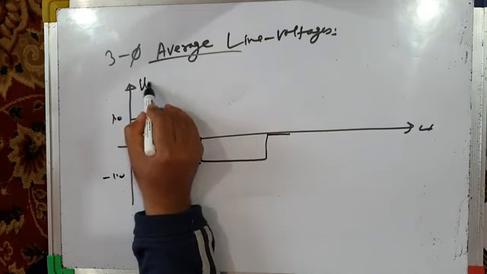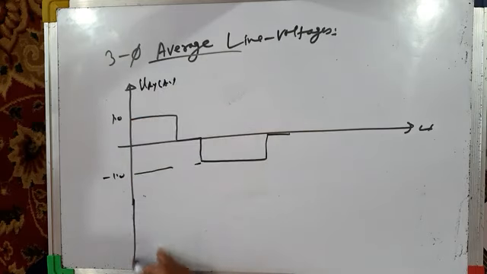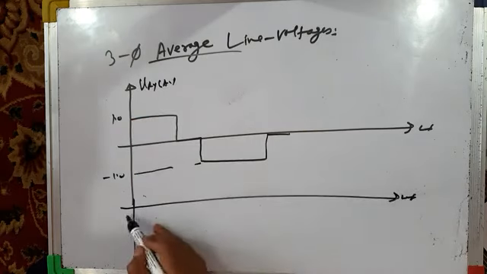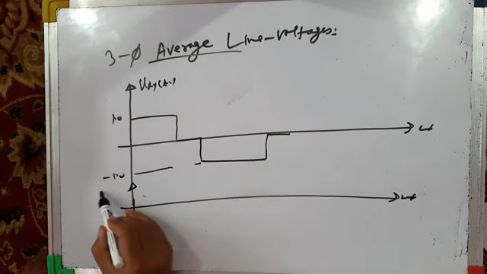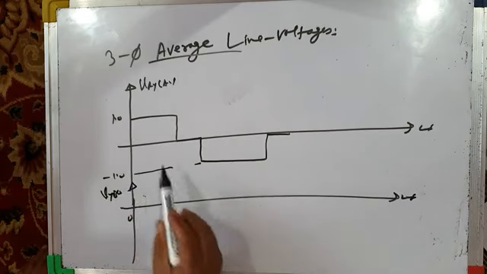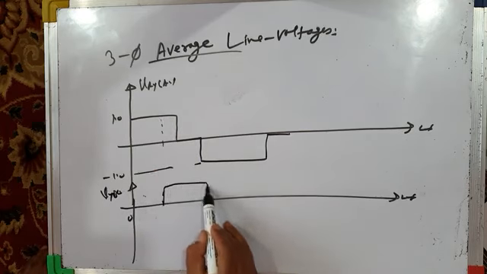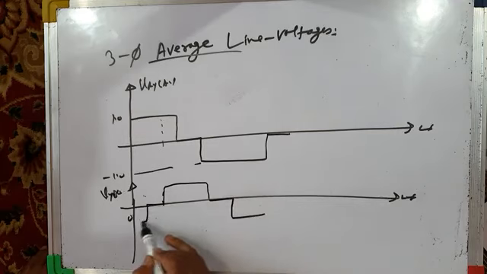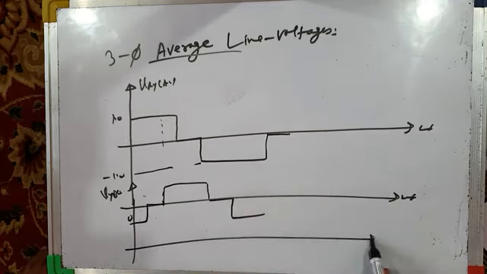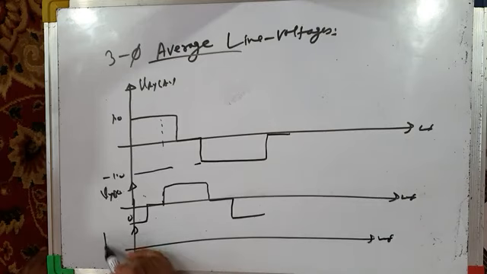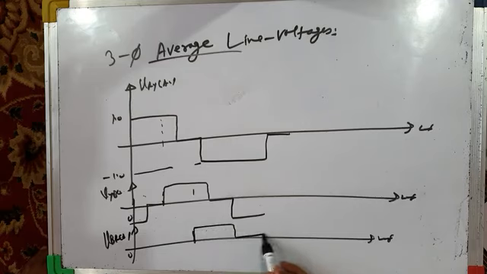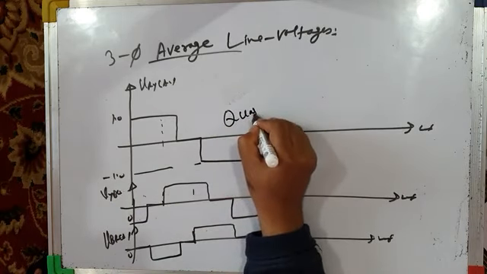This is your VRY average. We can draw separately VYB average. That will start after 120 degrees. This is VYB average and VBR average. VBR average will start after another 120 degrees. This is VBR average. So these are quasi square waves.